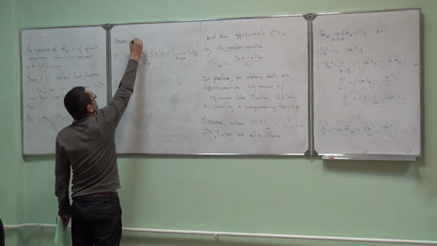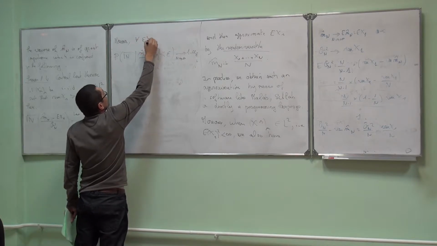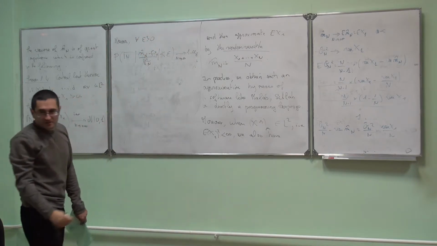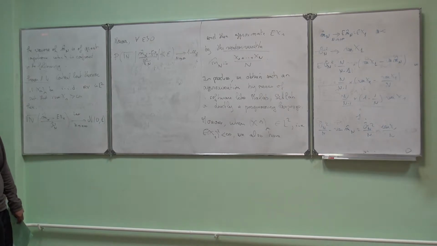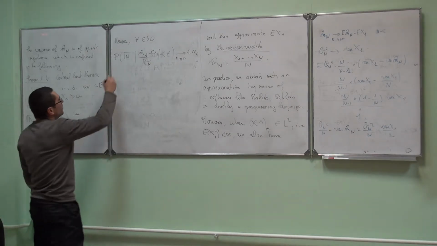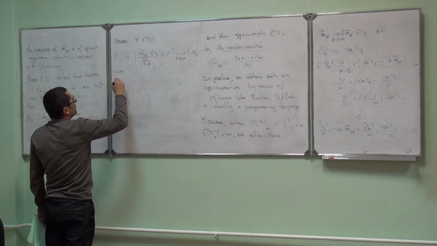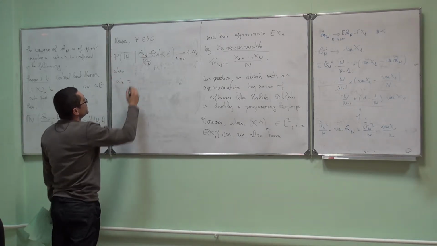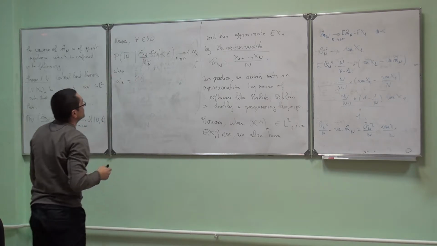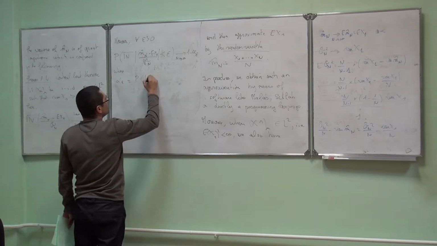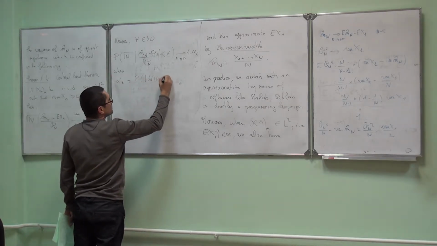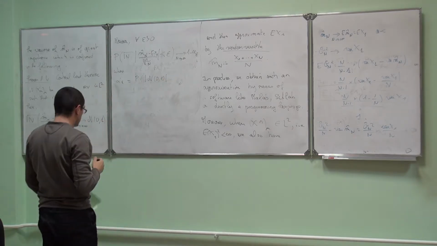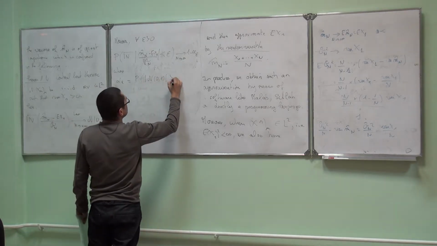So I fix a strictly positive number epsilon. So this quantity tends to 1 minus alpha epsilon, where alpha epsilon is the probability that the absolute value of the standard Gaussian distribution is greater than epsilon.